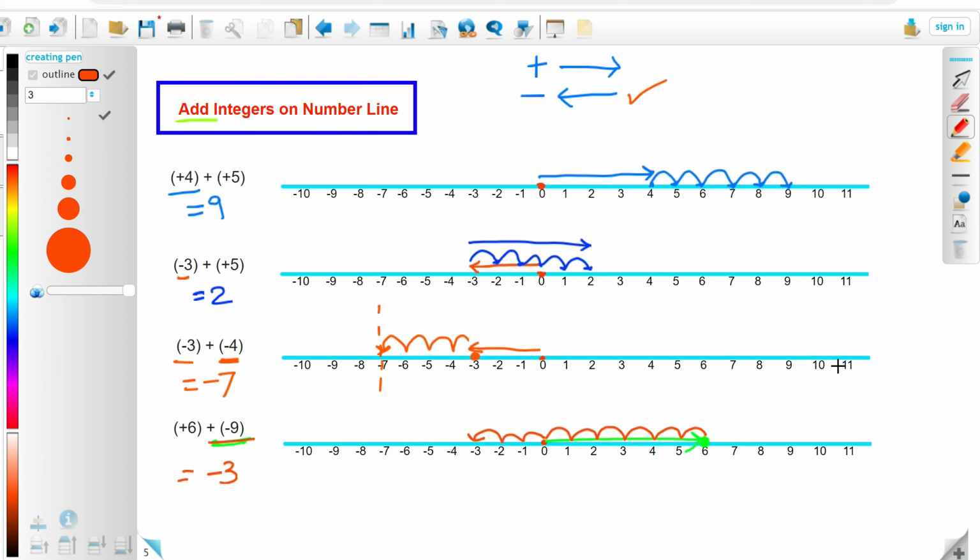Is this clear to you? So on a number line, that is how you can show your result. Step number 1 is locate the first integer.